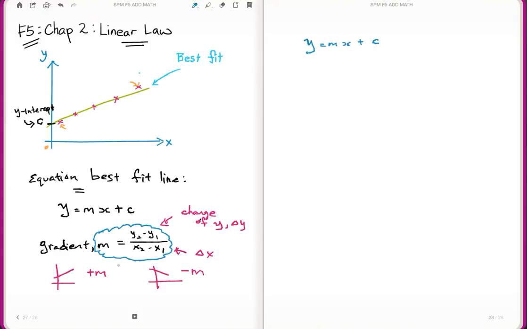Say for example, in some questions you were given positive x, positive y, 0.